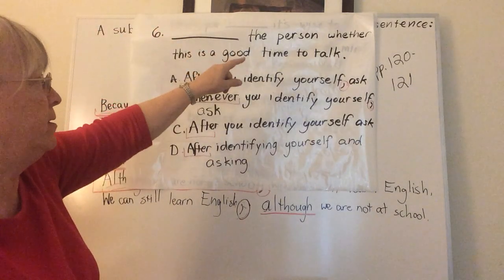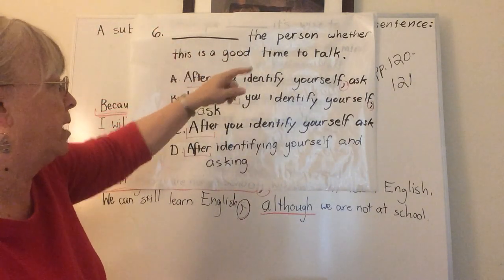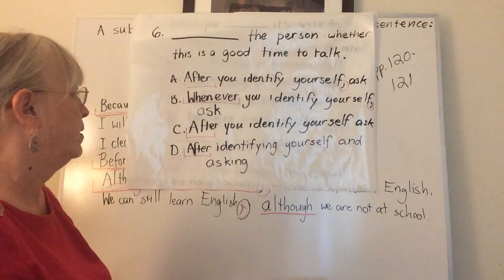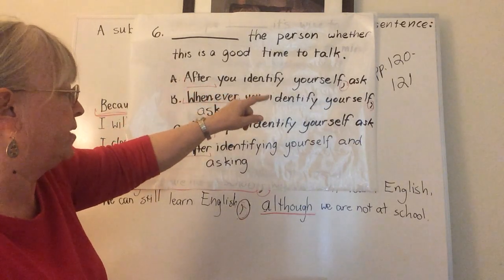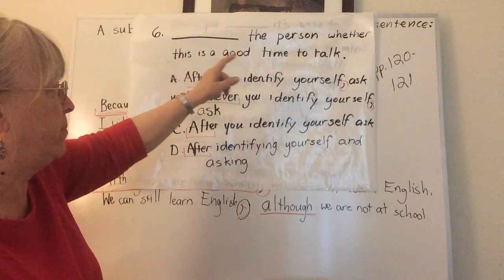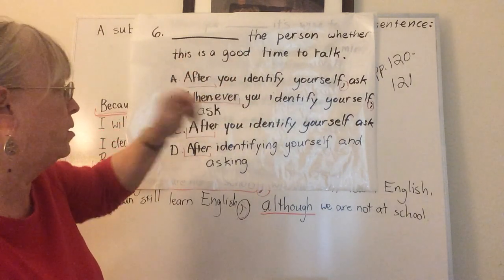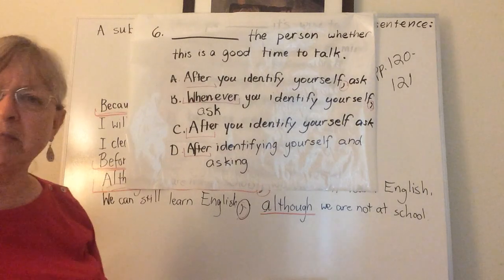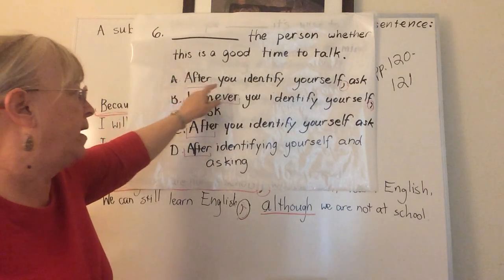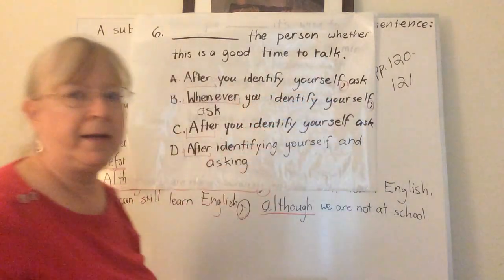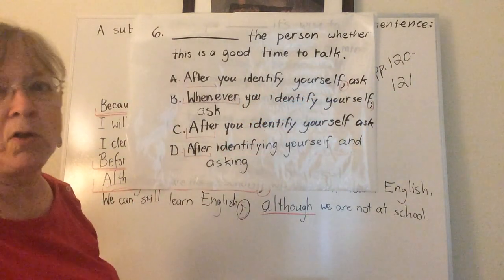Blank, the person whether this is a good time to talk. Okay. After you identify yourself, comma, ask the person whether this is a good time to talk. Okay, that's a possibility. It starts with a subordinating conjunction, and look, there's a comma there before the next clause starts.